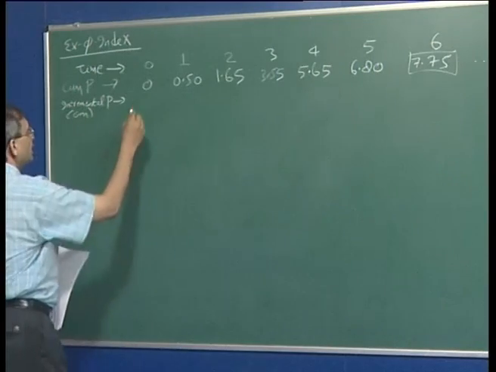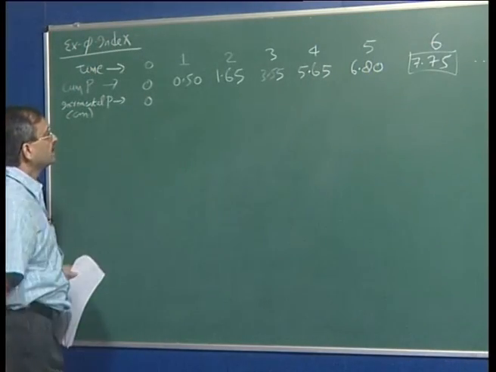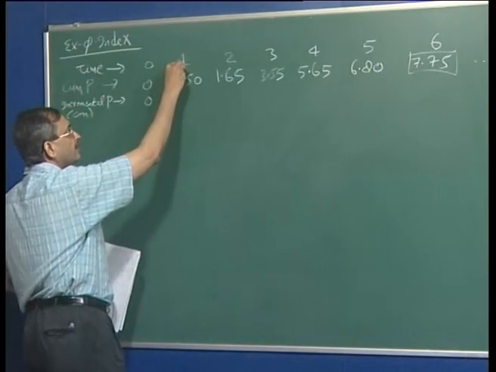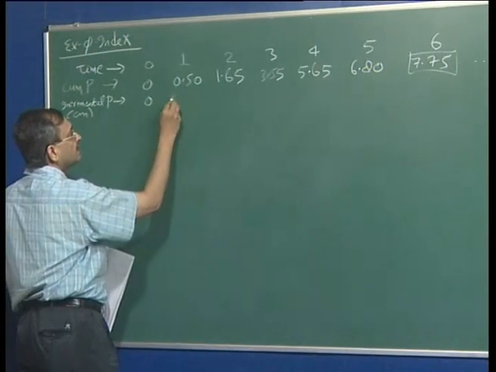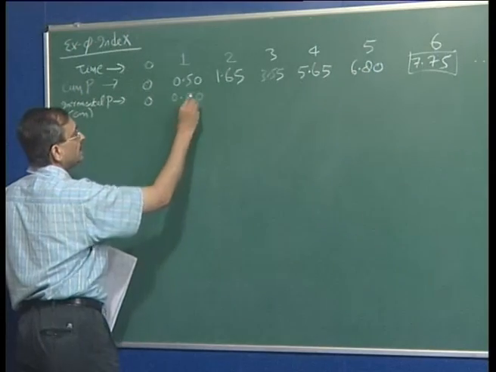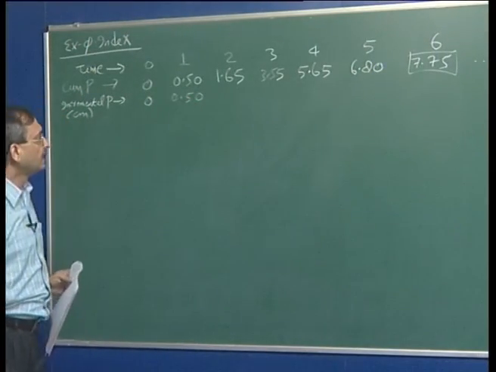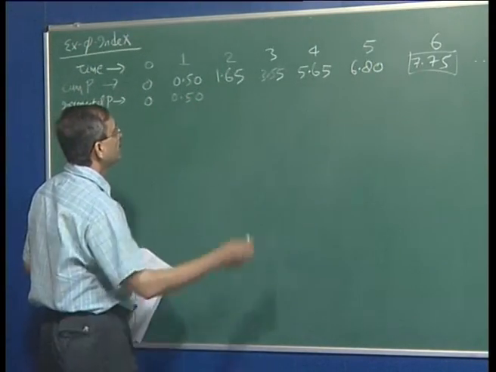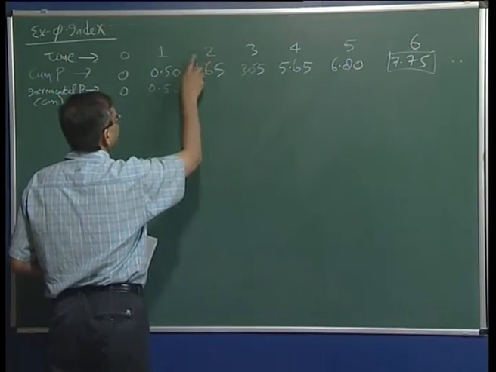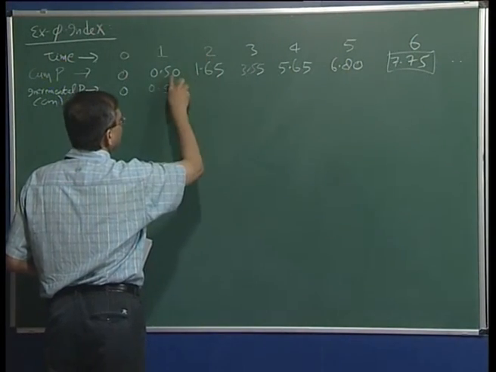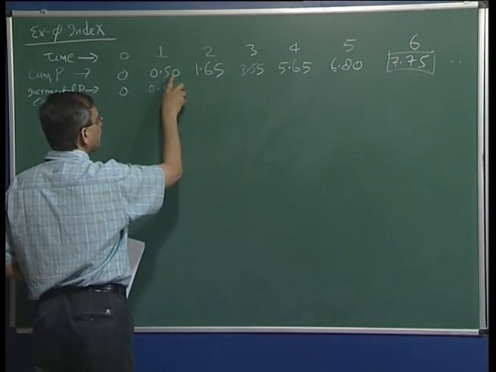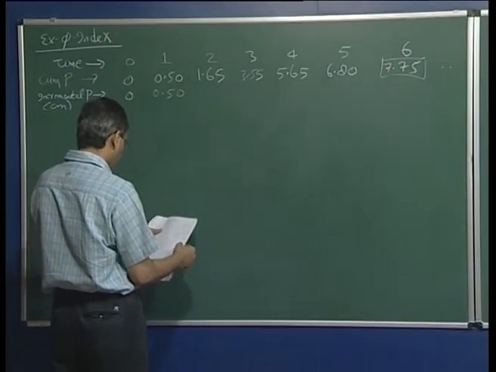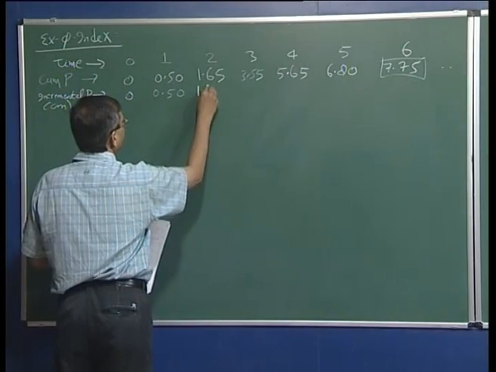For 0 it is going to be 0. What will be the rainfall during the first hour? Well, it will be this value minus this value. So, it is the same 0.50. Then what will be the next value during the second hour, that is between first and second hour? This is the rainfall mass curve, so you will subtract the successive values, this minus this, and it would be 1.15.